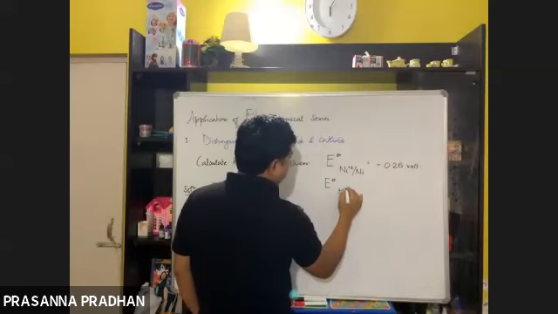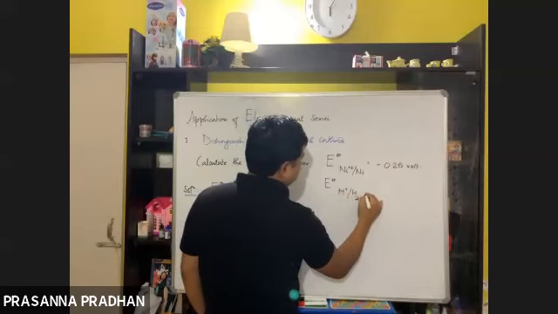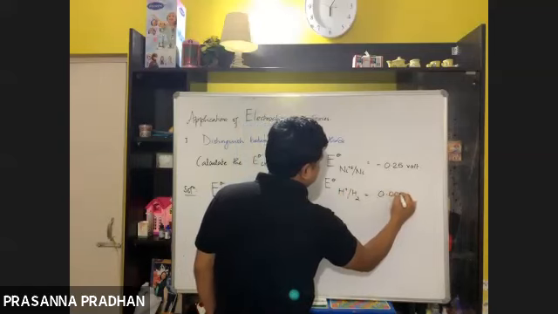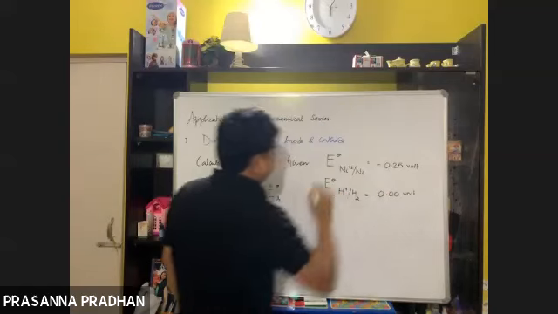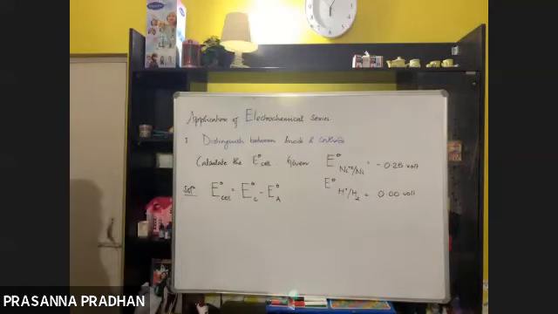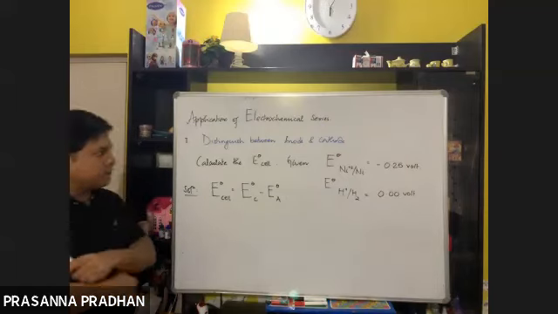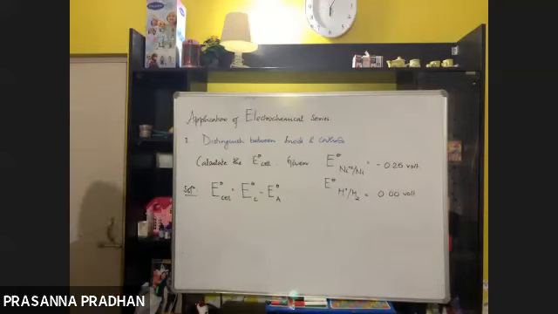Now I'll give you one hydrogen electrode out here. So one is a nickel electrode, the other one is a hydrogen electrode. Now you predict which one will behave as a cathode and which will behave as an anode.